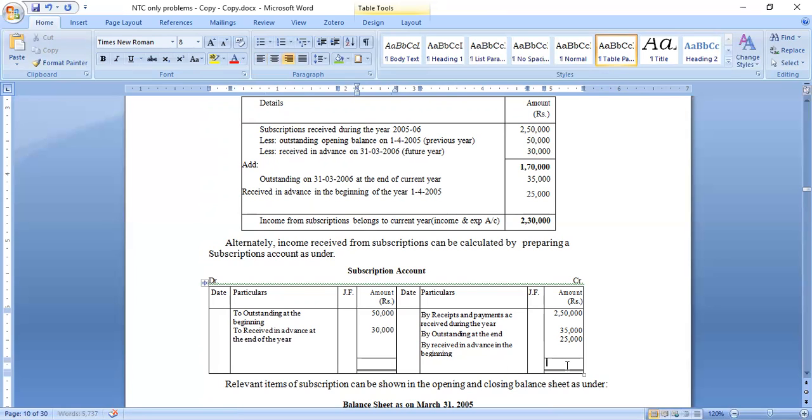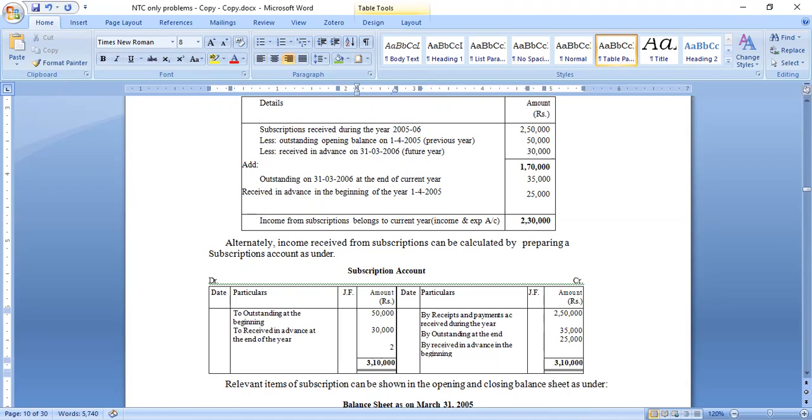So it comes around 3,10,000. Out of 3,10,000, we have to deduct 80,000.